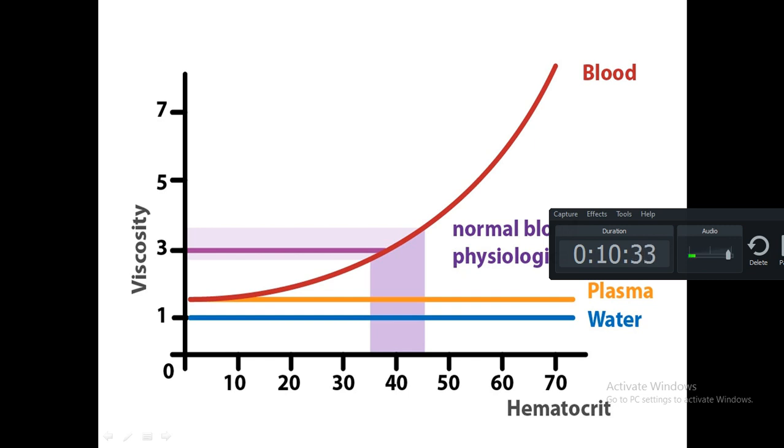You can see at 42, the hematocrit in males, the viscosity is almost 3 in this diagram. But if the hematocrit is about 70%, then the viscosity may become 7 or 8 or 10 times what is normal.